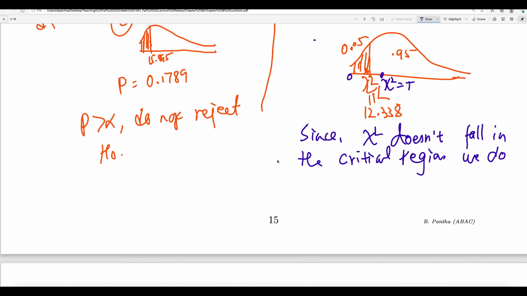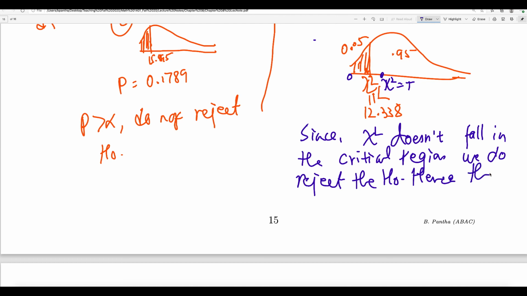We do not reject H0. So hence there is enough evidence to reject the claim, right? Because we are not rejecting H0, meaning we are rejecting H1. So we will have the same conclusion on both sides.